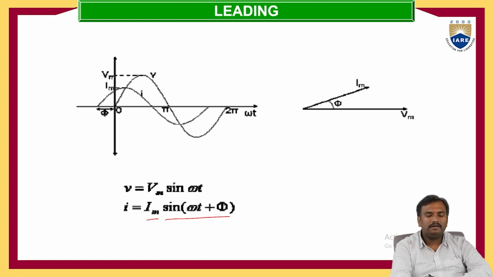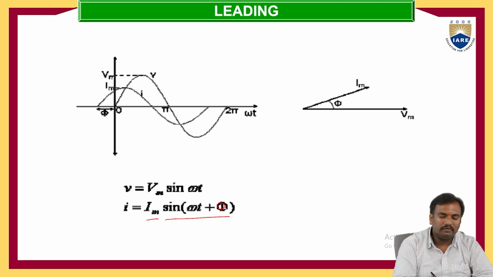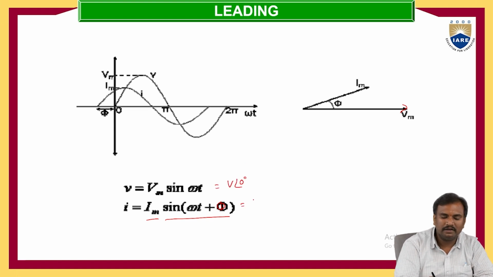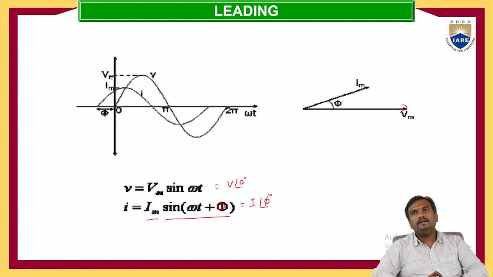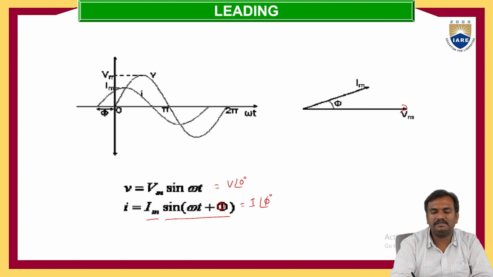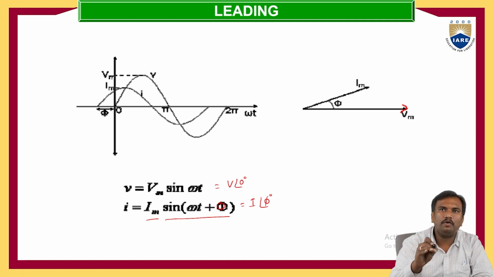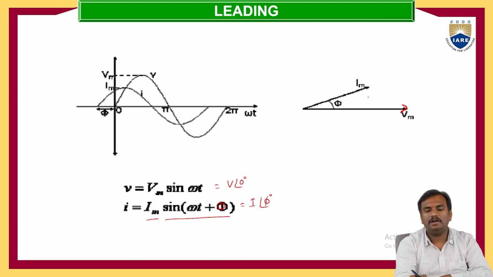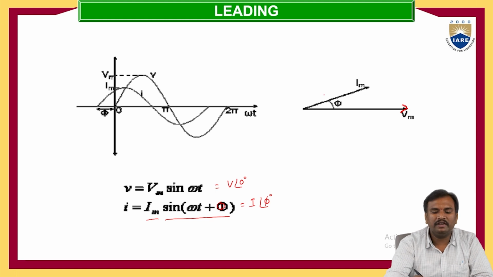Here we can take the Vm phasor as V at an angle 0 degrees, and I at an angle 5 degrees. This is the reference phasor we are considering, and Im is above Vm with an angle of 5 degrees.